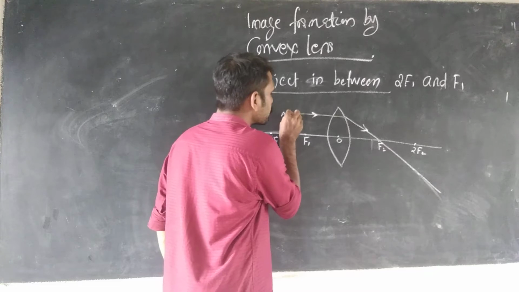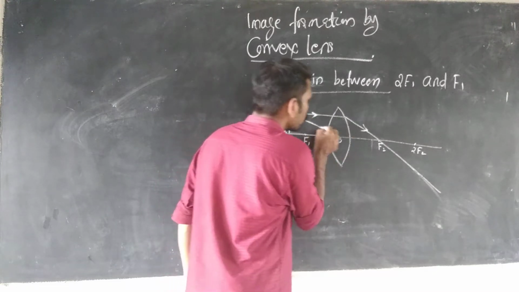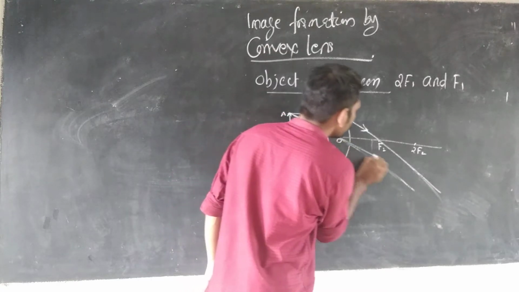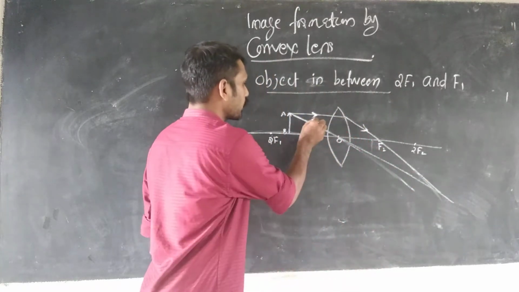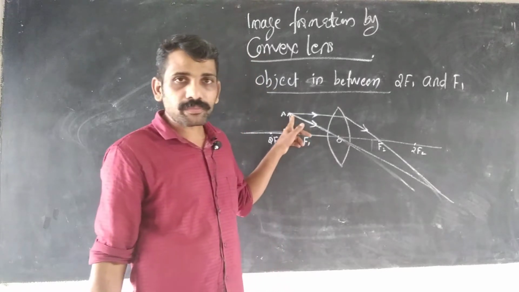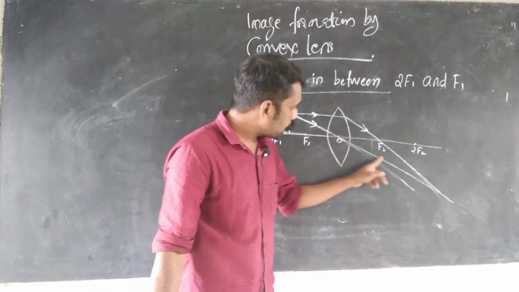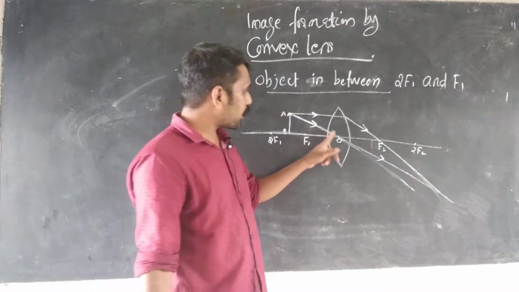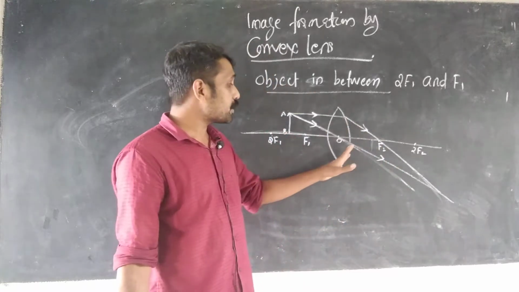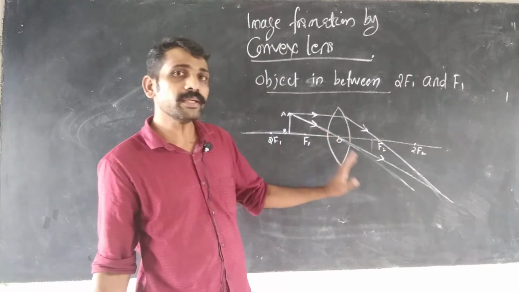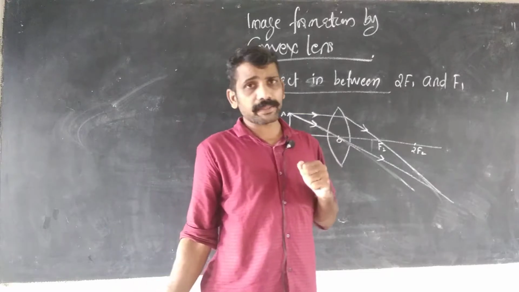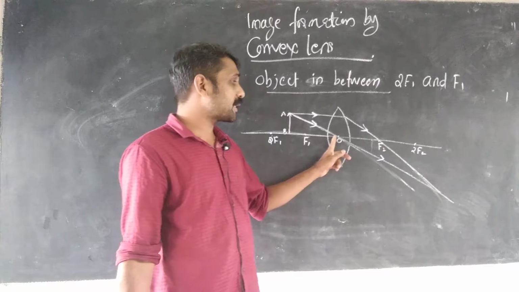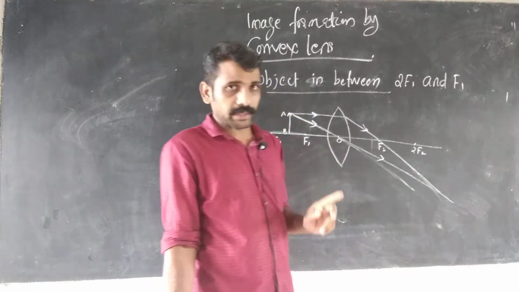The next ray coming from the object is passing through the optical center. Any ray which is passing through the optical center does not deviate and will not be refracted.